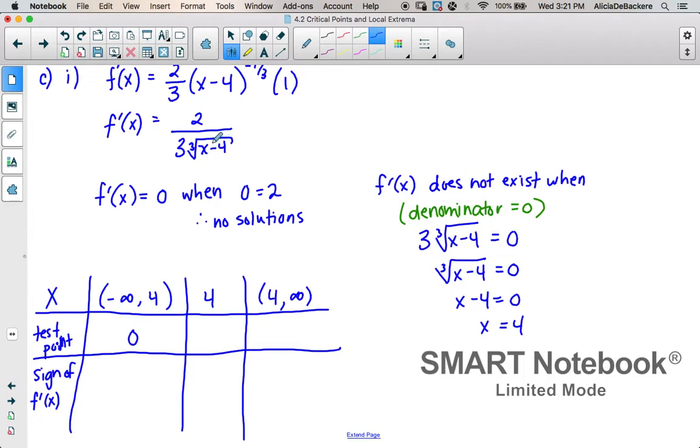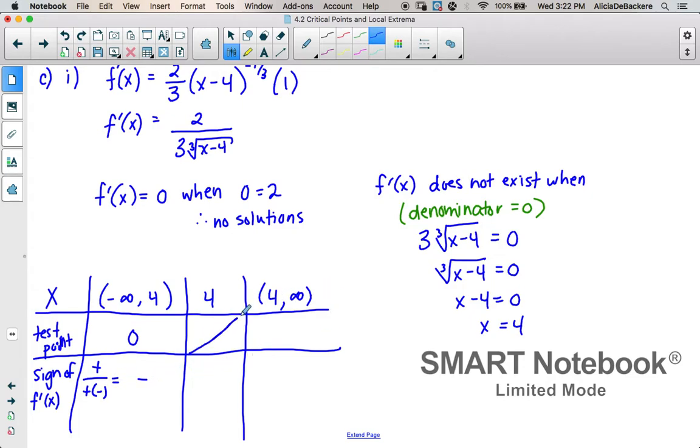So I'm plugging in 0 underneath the cube root here, and so I've got the cube root of -4. Now I can cube root a negative, and it gives me a negative answer. You can check that on your calculator if you're not sure. So this is going to be a negative. So I end up with +2 divided by +3 times a negative. And so overall, that's going to give me a negative answer.